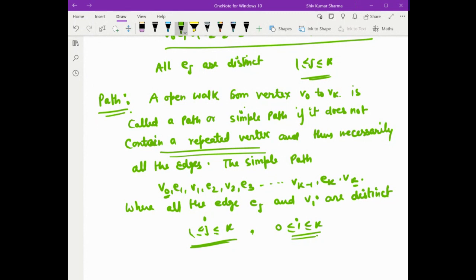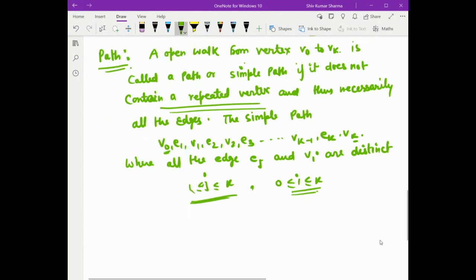So the simple path we write as V0, E1, and so on. So you can understand this. In a path, no vertex and no edges are repeated.